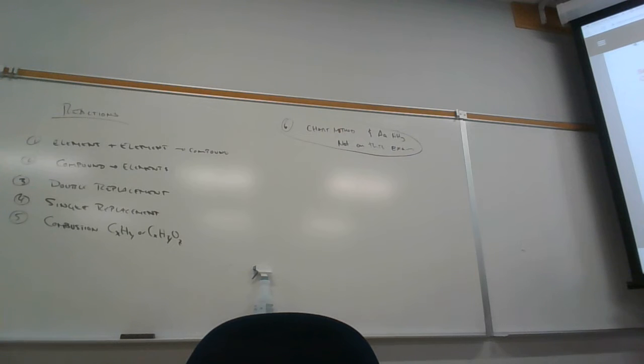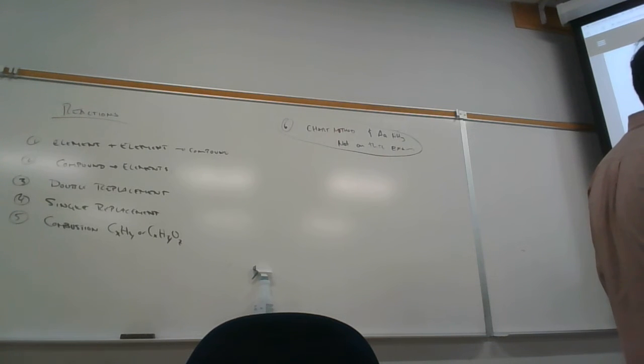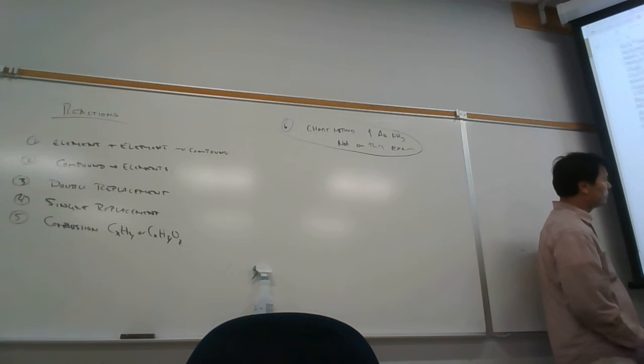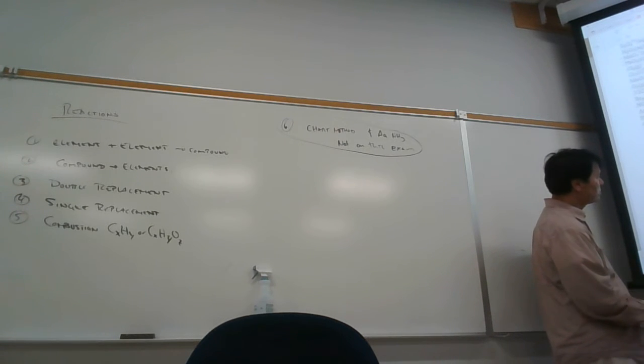Then we have to figure out which one's more reactive, tin or zinc. In this particular case, I would use a chart here. Lithium is the most reactive metal. And then I go here, zinc is here and tin's here. So zinc is more reactive than tin.